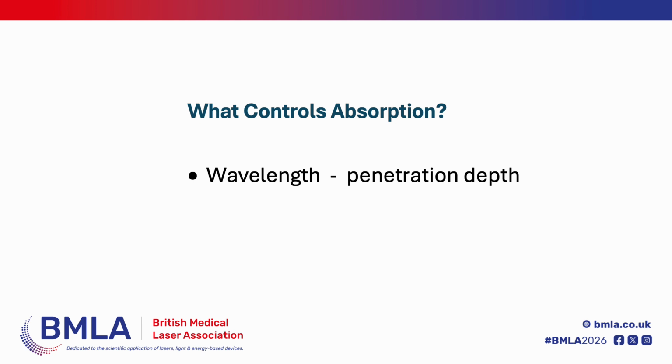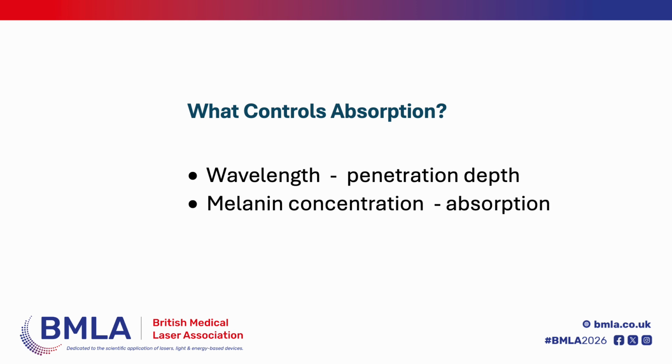So what controls the absorption of light energy in the skin? Well, wavelength has a significant control in terms of penetration, as we just saw with those 2 images. The melanin concentration, both in the epidermis and in the hair itself, and particularly in the matrix cells, controls the total amount of absorption that's going to go into the hair.